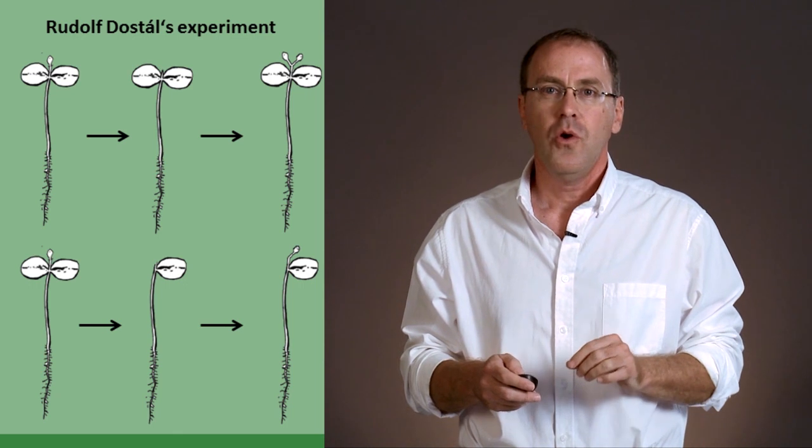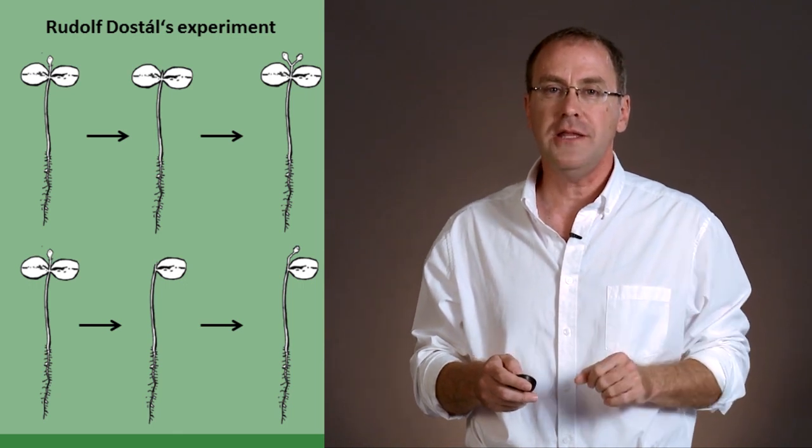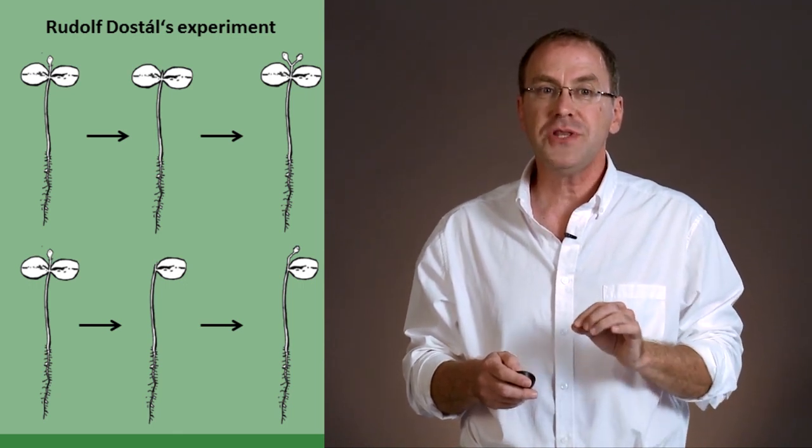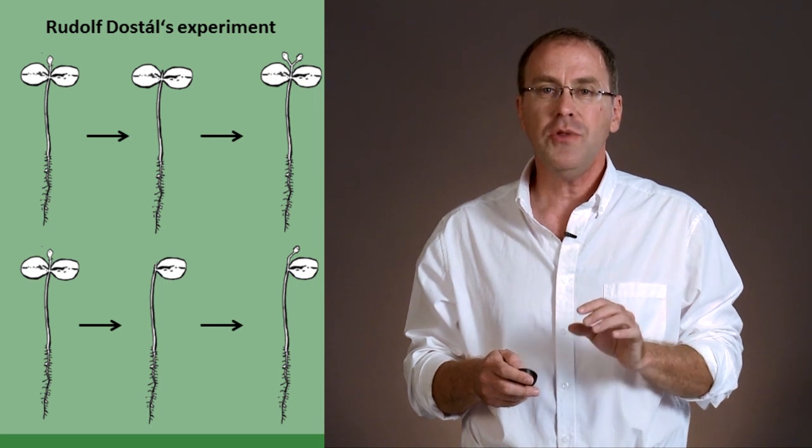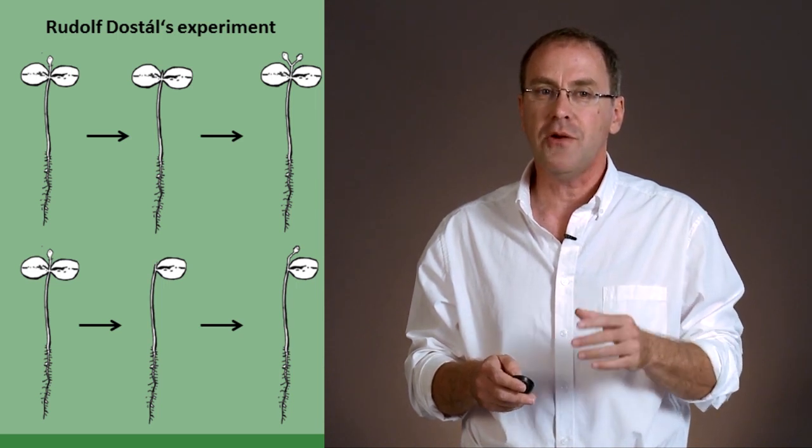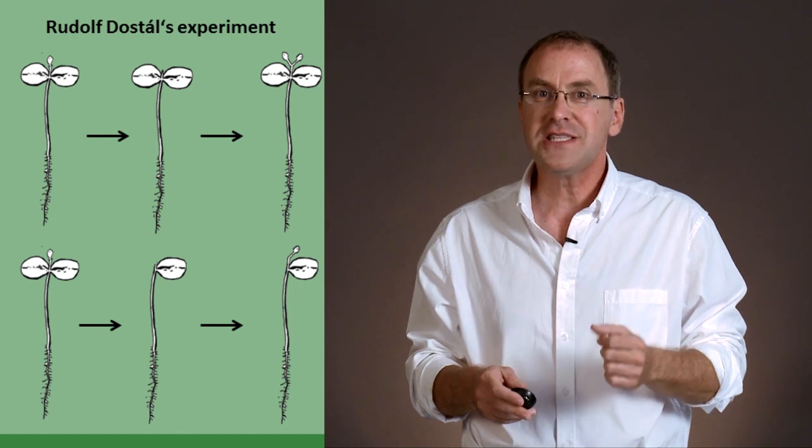In other words, when Dostal removed one cotyledon, the plant remembered this mutilation and only developed in the direction of the remaining one. So are you convinced that this is memory?